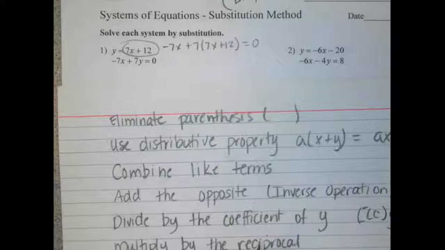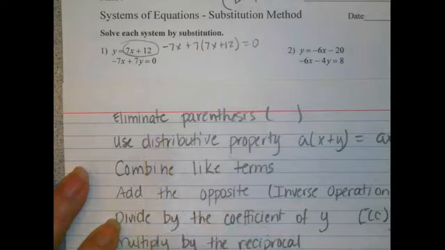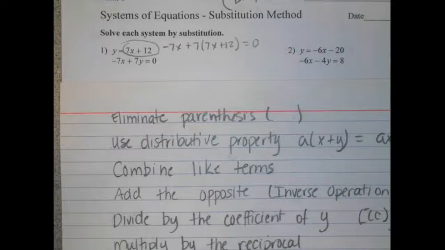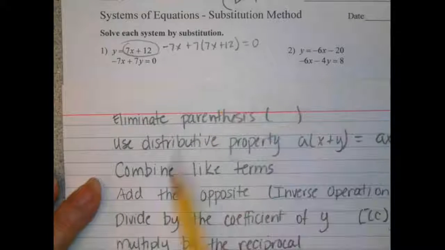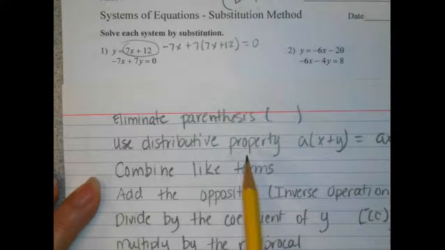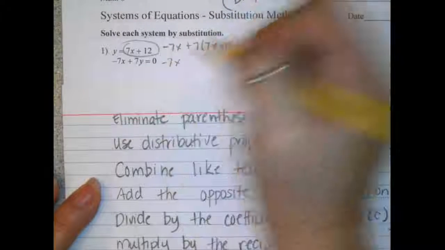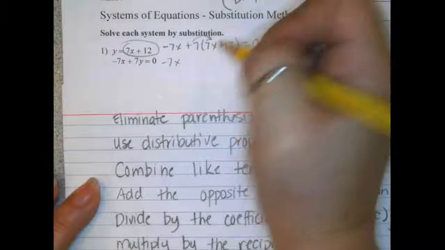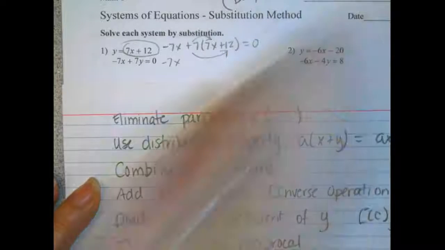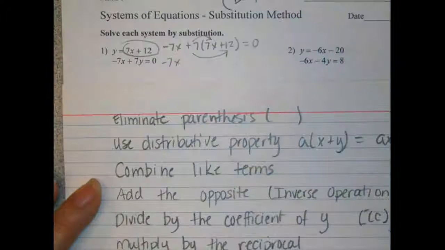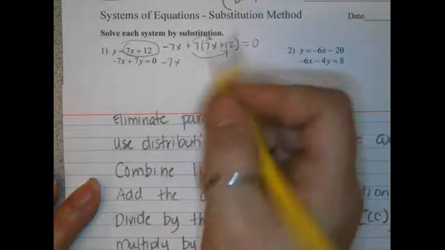I'm going to go back to my steps here. It says eliminate parentheses. Do I have parentheses? I do. I have these. So I have to use my distributive property to do that. I'm going to bring down this negative 7x, but I'm going to multiply 7 times 7x, and I'm going to multiply 7 times 12. So 7 times 7 is 49, right?